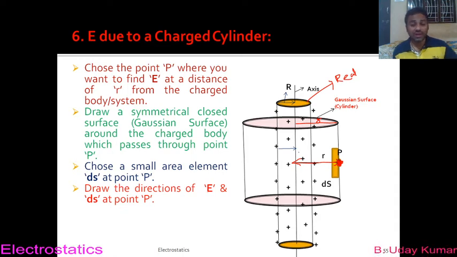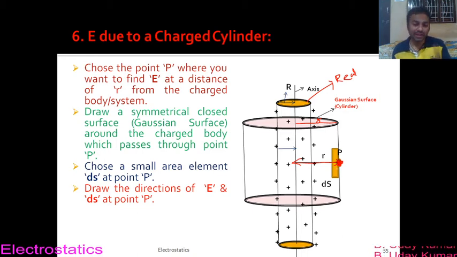You know that at this point P, the direction of electric field intensity will be directed outwards. You have already seen in our last slide how the electric lines of force are going to be for this system of charged cylinder. So here at this point, electric field intensity will be directed outwards, and ds will be perpendicular to the surface.